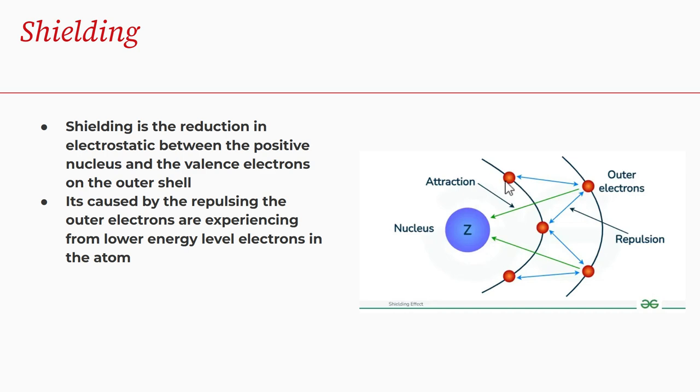That repulsive charge causes the outer electrons to not get pulled as closely as if the inner electrons weren't there, basically acting as a shield to these outer valence electrons. So as we get more energy levels and more of these shielding electrons, the valence electrons get farther and farther from the nucleus, which is why our atomic radius increases as we go down a group.